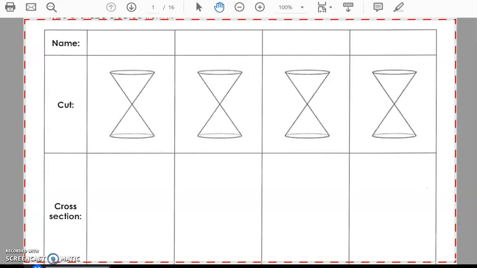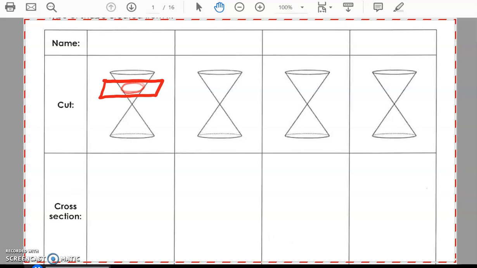The first shape comes from when we have a plane that intersects this double napped cone like this, and it's parallel to the base of one of the cones. It could be on the bottom cone or the top cone, it doesn't matter. If you were to take a cross section, it's going to look something like this.